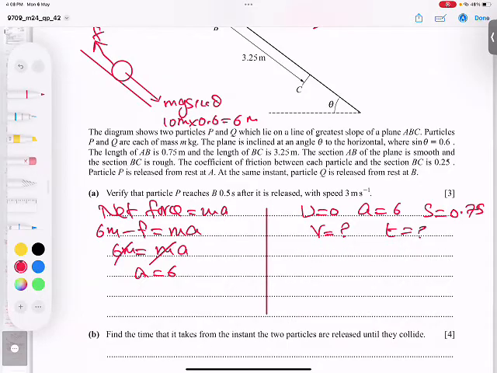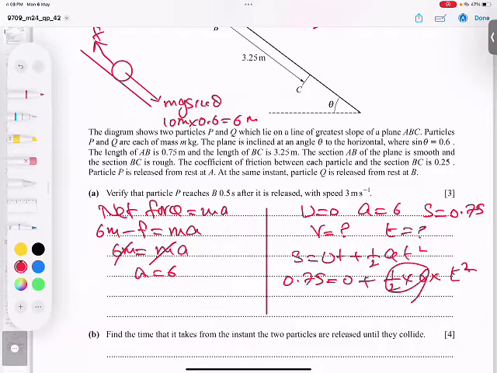We have to use the first one: s equals ut plus half at squared. 0.75, u is 0, acceleration is 6 and time is unknown. So this is 3t squared, divide and take the root: 0.75 divided by 3, and I get my answer, half. So it is proved. He was asking to find this time, and it is proved.